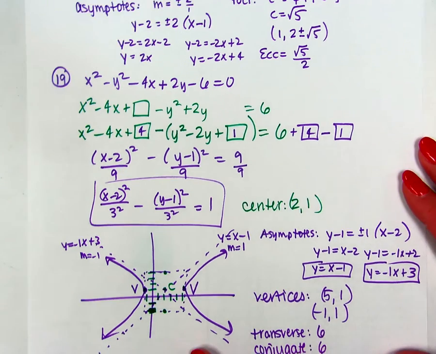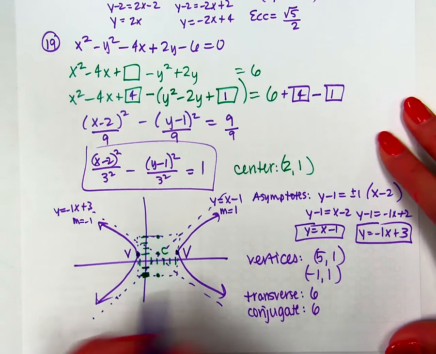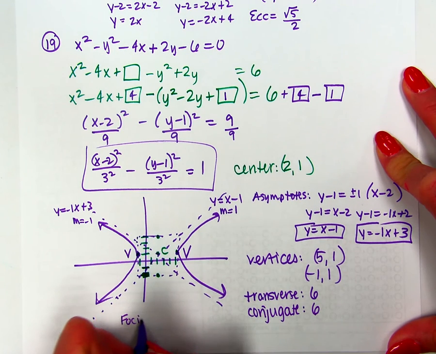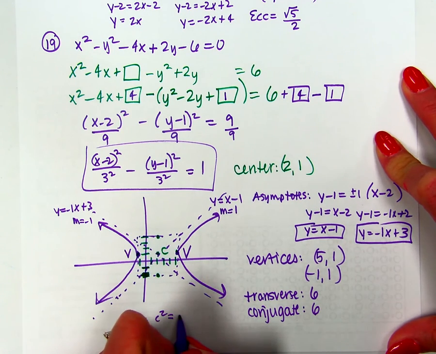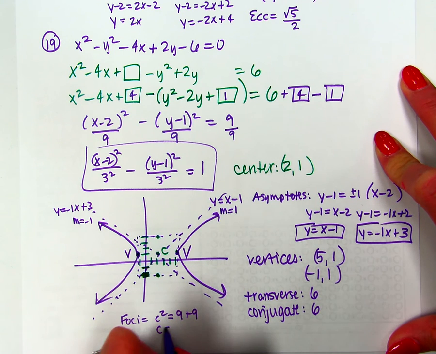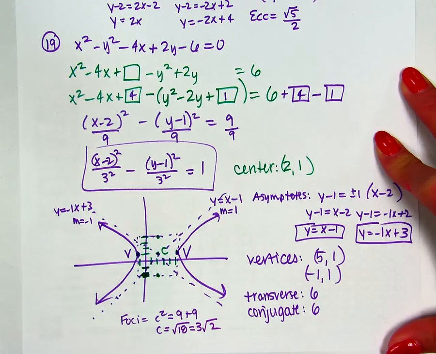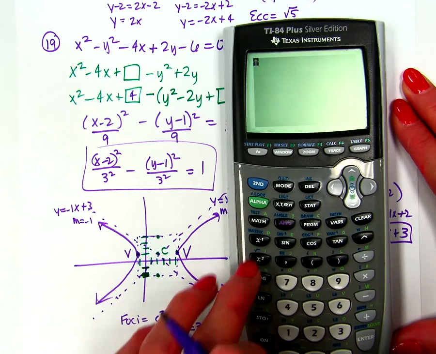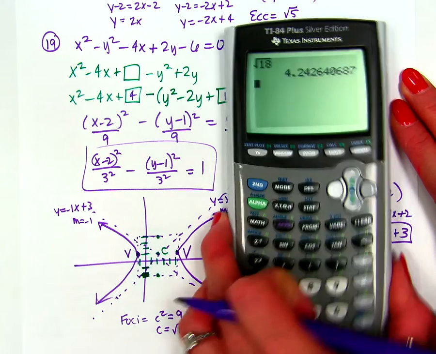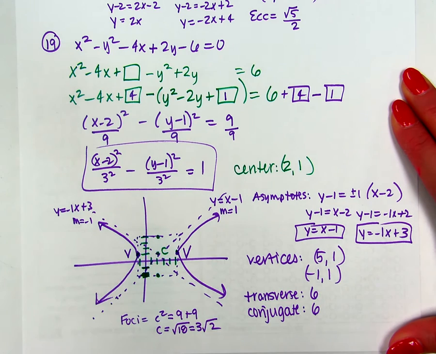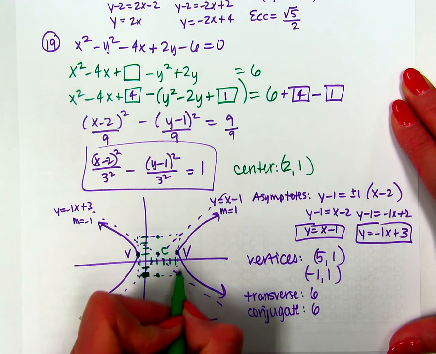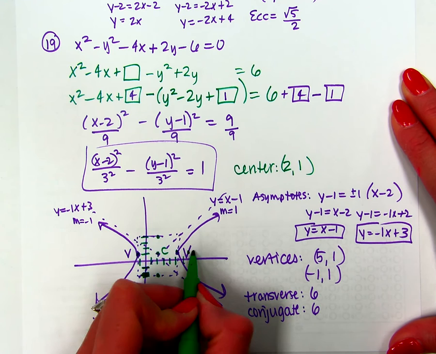All right, and then I need to find my focal points. So my focal points will be based on the equation c squared equals a squared plus b squared, so 9 plus 9. So I have square root of 18, which is 3 root 2. All right, for the purpose of putting it on my graph, the square root of 18 is about 4.2. So I'm going to go, this was 3, so a little bit more than 4.